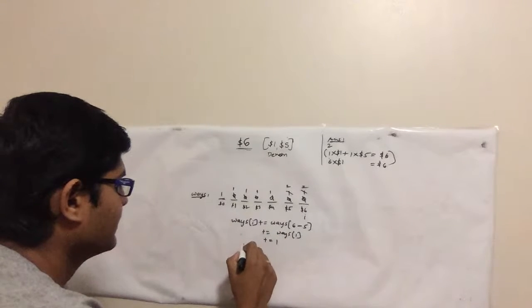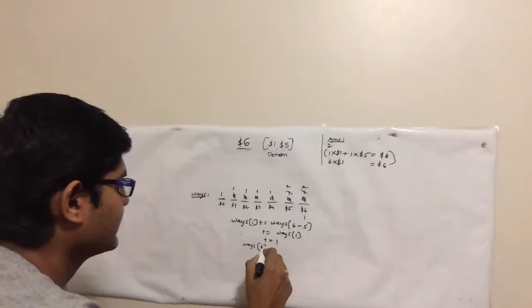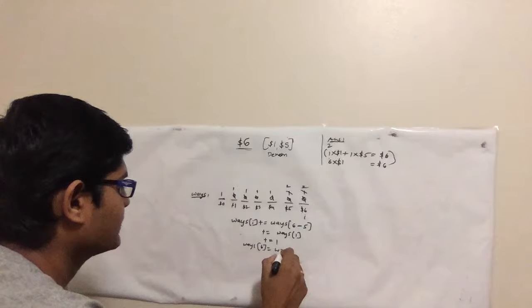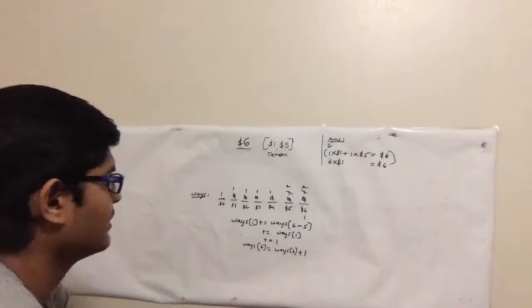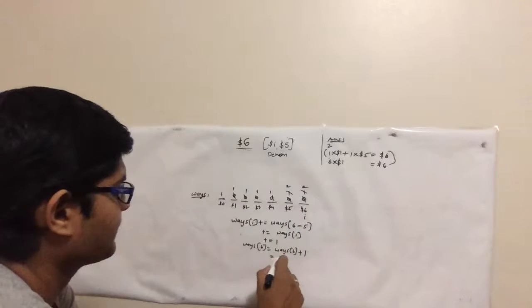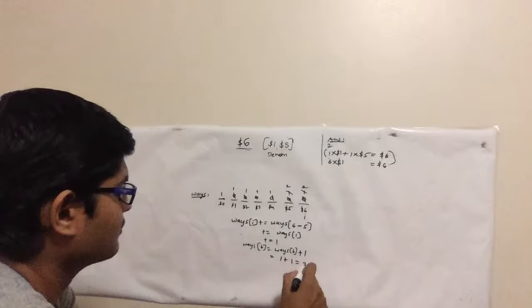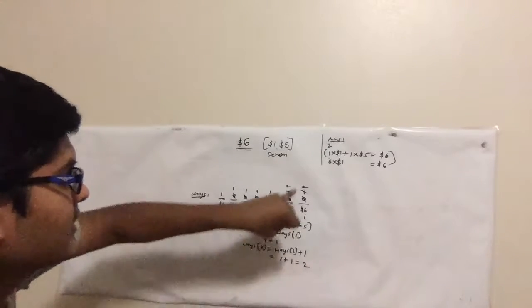So finally, if you want to get this index, ways of 6 plus ways of 1. Ways of 1 in the previous iteration was 1, so 1 plus 1 is equal to 2. This is how we can get any element.